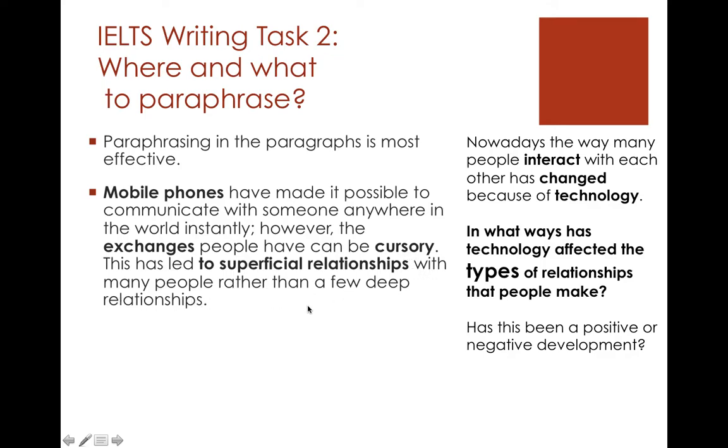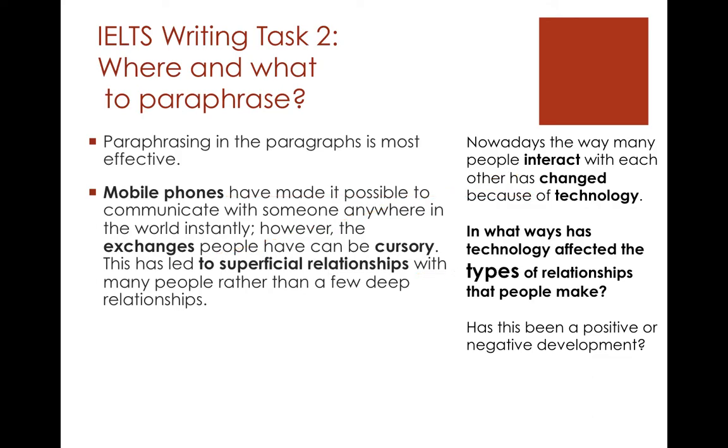Okay. So what is going on here to get you a 9 is we've got a synonym. We have interaction. Superficial relationships talks about the interaction. We have the type of relationship. Superficial means not deep relationships.